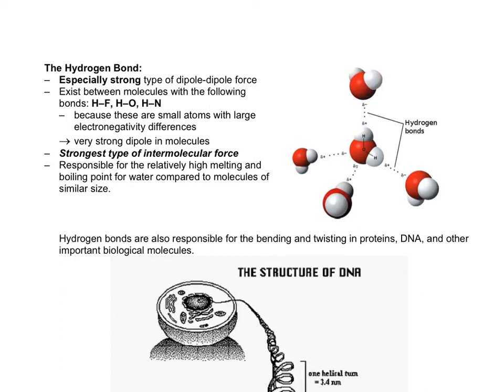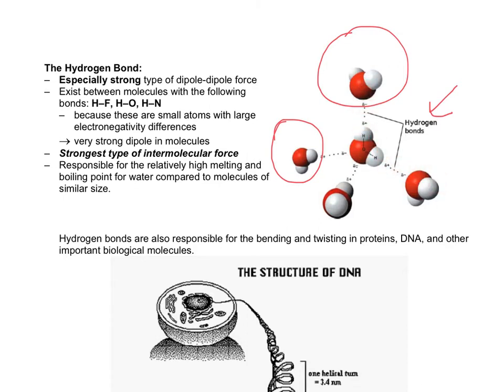Now I want to point this out, and I want you to be clear on this. This is a molecule. This is a molecule. These are the forces between the molecules. These forces here hold the molecules together. And this molecule happens to be water. So this would be a liquid. In other words, there'd be a specific distance that they'd be away from each other if they're a liquid.